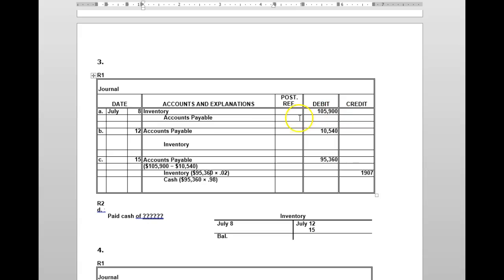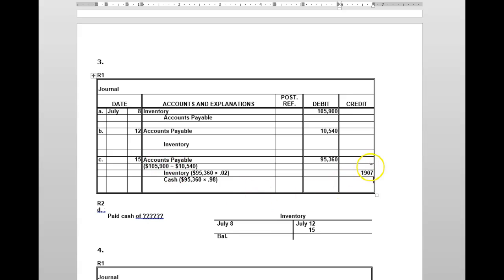Well, because up here, look at this entry here. I put the full amount in inventory, but I'm getting a discount on that amount. So this is not a true reflection of what I actually paid for it. So I've got to take out that 2%. So that comes out of my inventory. So I've lessened my cost of goods sold.